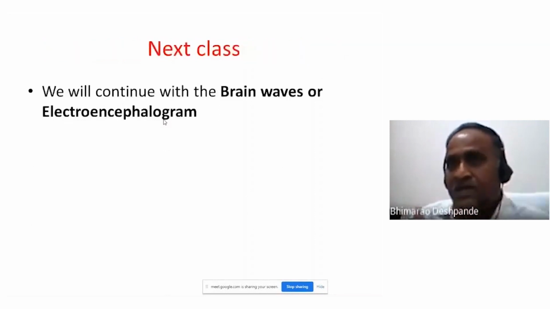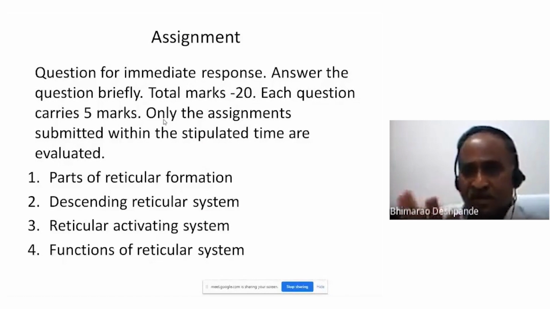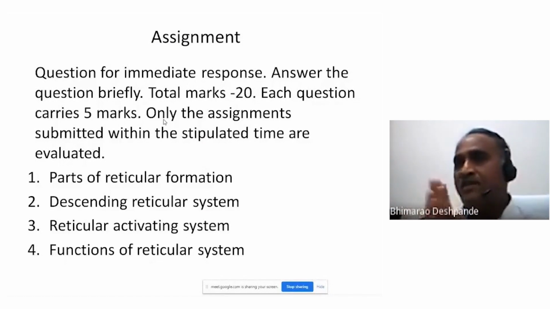So now, next class we will take up electroencephalogram. Questions for today. I'm just giving you 4 short note questions: parts of reticular formation, descending reticular system, reticular activating system, functions of reticular system. Please write them in brief as notes.